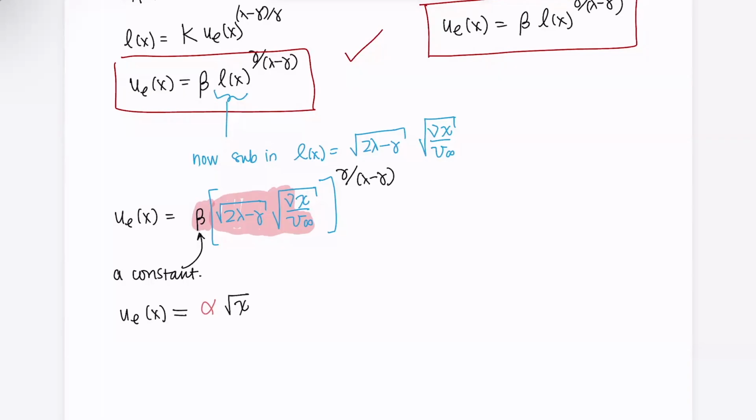Alpha times the square root of x. Actually, no, I'm going to make the square root a 1/2 in the exponent. So we have x to the gamma over 2 times lambda minus gamma.